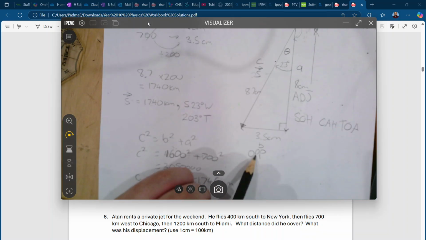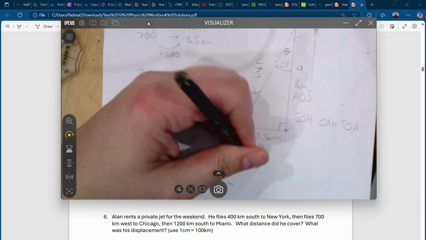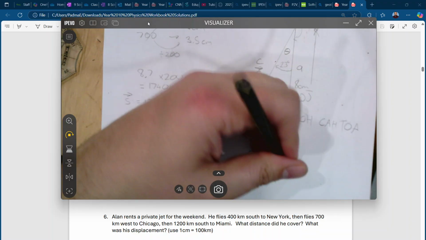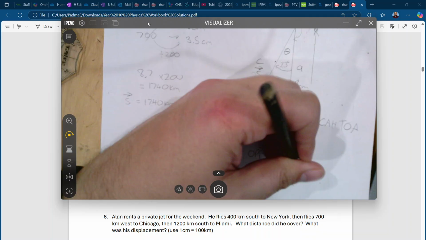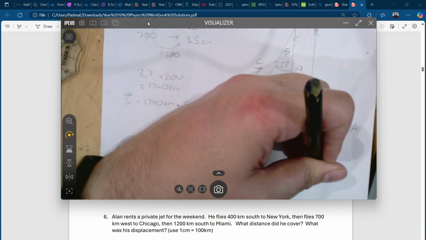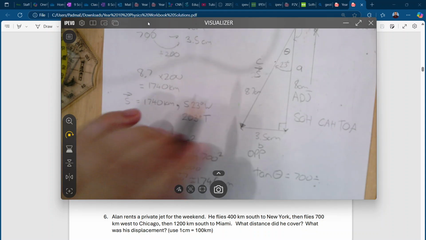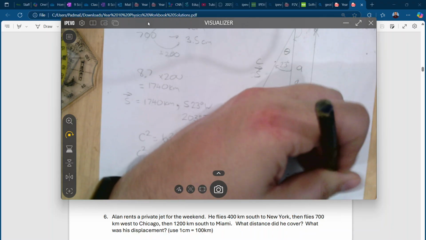If we had the opposite and the adjacent, we should be using tan. That would read like this: tan of that angle is equal to the opposite. So the actual opposite was the 700 divided by the adjacent, which was your 1600.